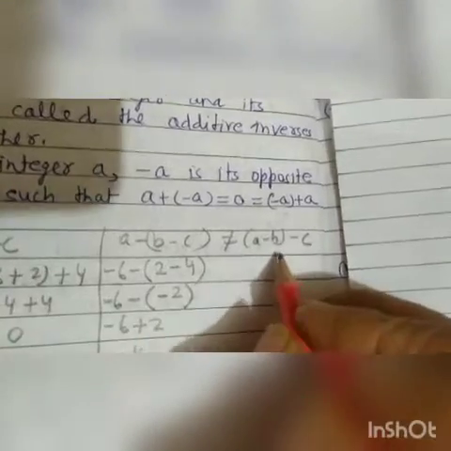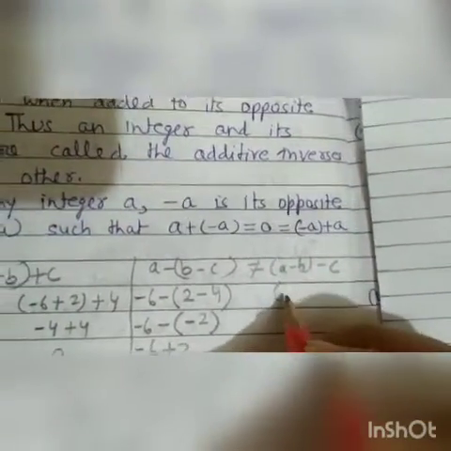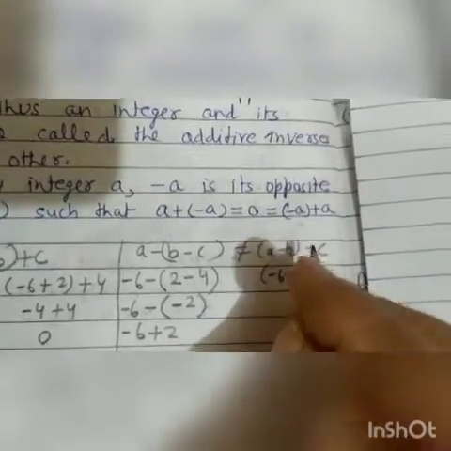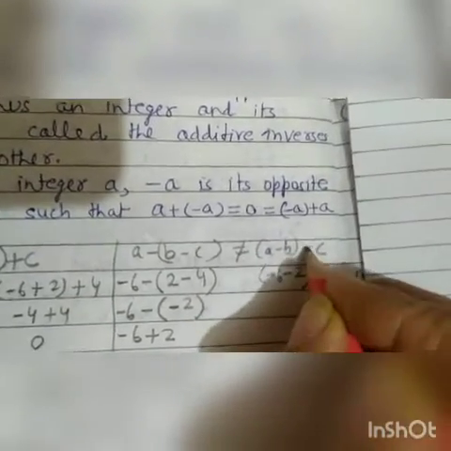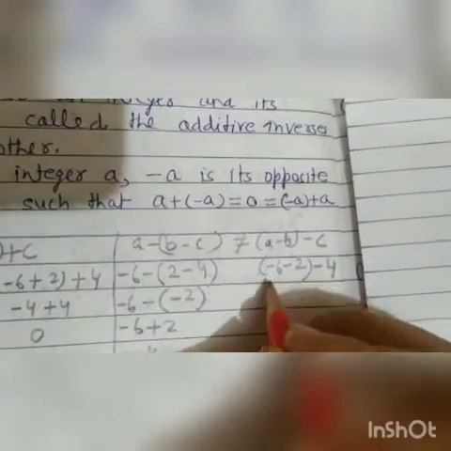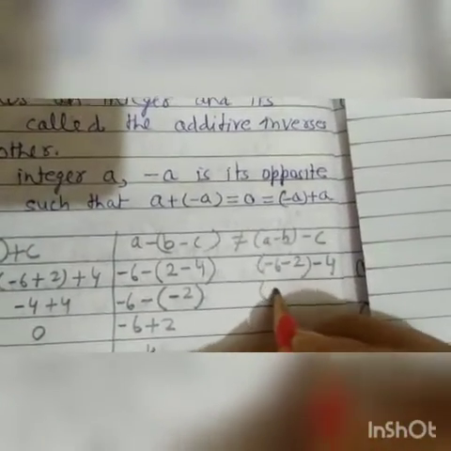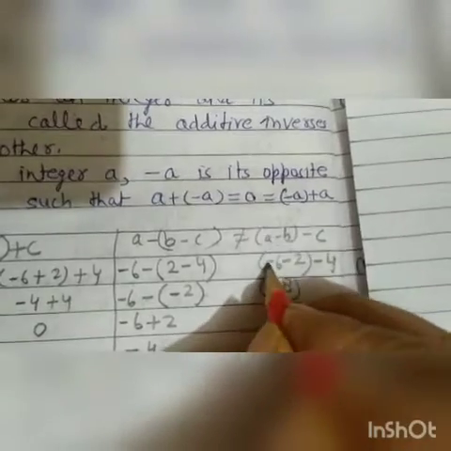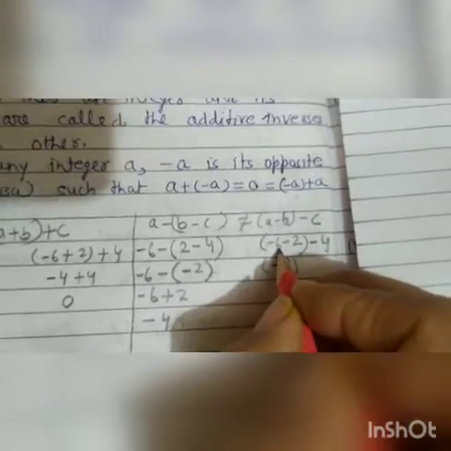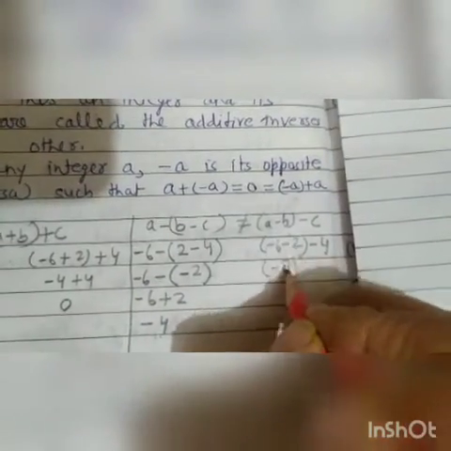Now solve this right hand side. a is minus 6, then minus b which is 2, then minus c which is 4. First solve this bracket. Minus 6 minus 2 is minus 8. Both the integers are with minus sign, so we add their numerical values. 6 plus 2 is 8.